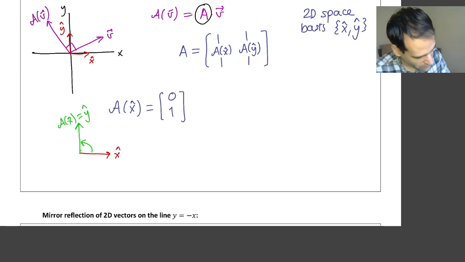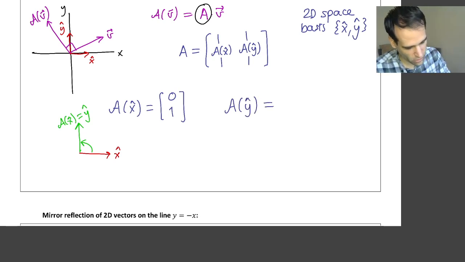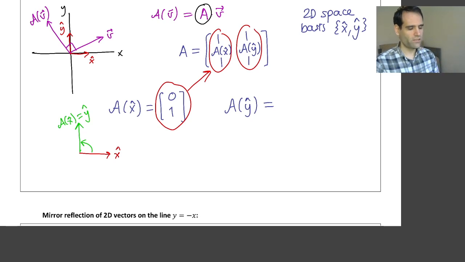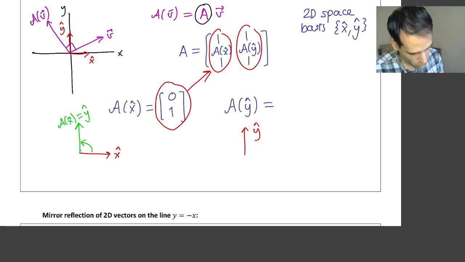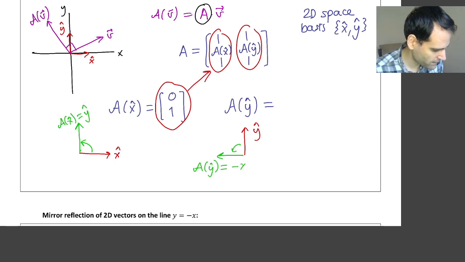Now, what is the transformed version of y hat? Which will be the second column. Yeah, so let's remember this first column, we already have it. This goes here. But now this second column, we need to find the transformed version of y hat. So we have y hat, we rotate it 90 degrees anti-clockwise, and we end up with what? We end up with this vector here, which will be the transformed version of y hat. And this is equal to minus x hat, right?